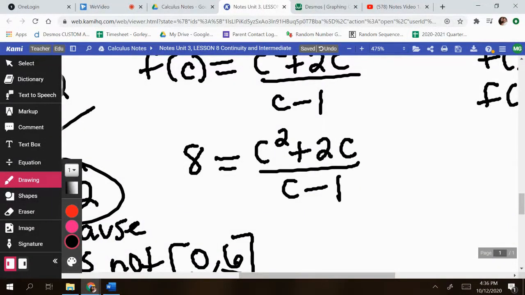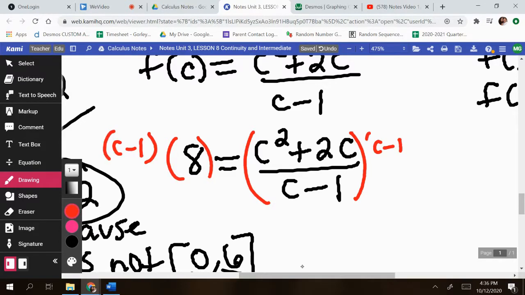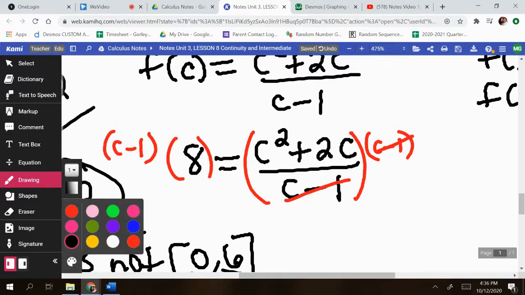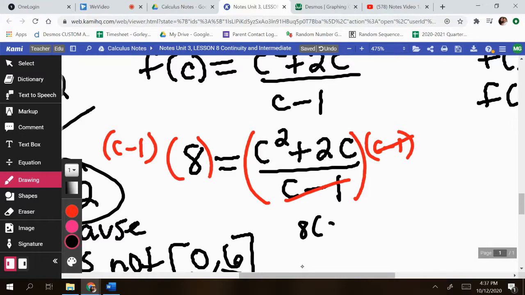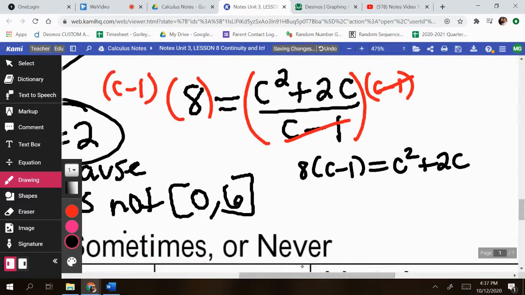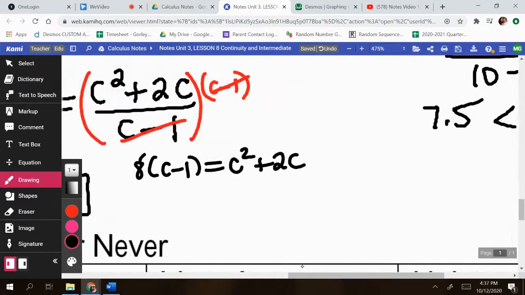I'm going to multiply both sides by c minus 1. Here the c minus 1's will cancel, and it'll leave me with 8 times c minus 1 equals c squared plus 2c. Okay, I'm going to distribute the 8 through to both terms.